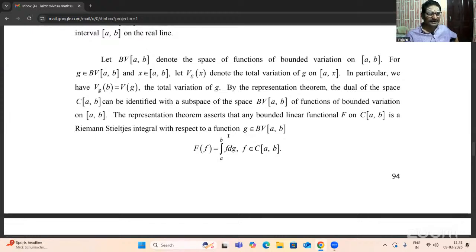Bounded variation and RS integrability are connected to one another. So capital F is a bounded linear functional defined on small f, with F of f equal to the integral from a to b of f dg, because this is the Riemann-Stieltjes integral concept, and f belongs to C[a,b], the set of continuous functions on the closed interval [a,b].